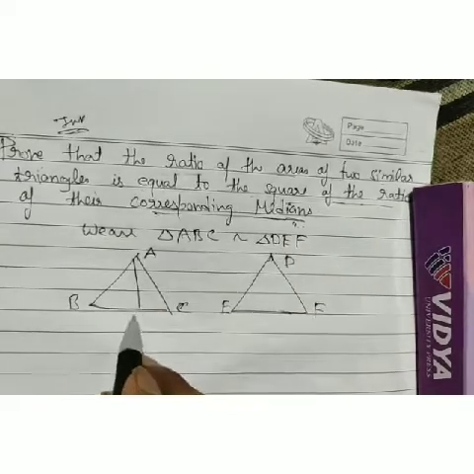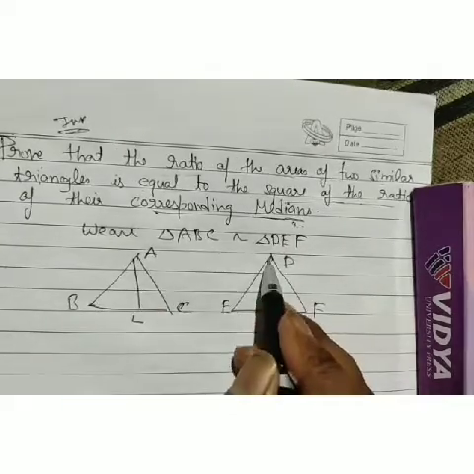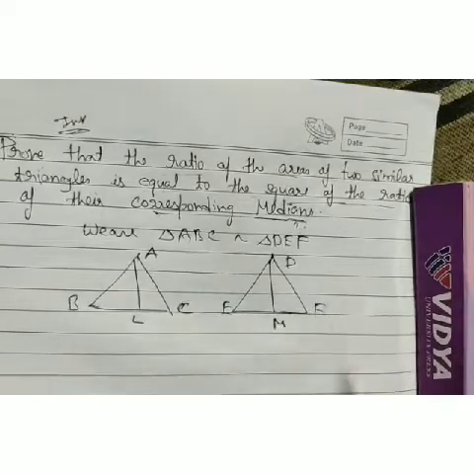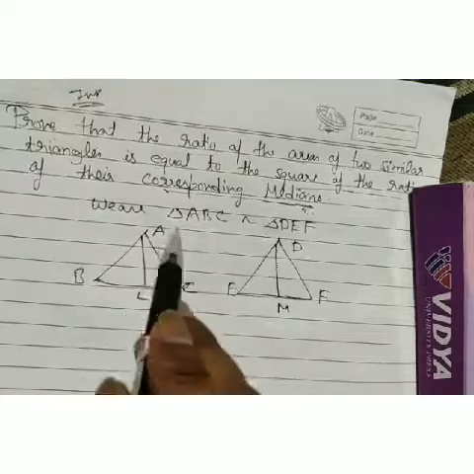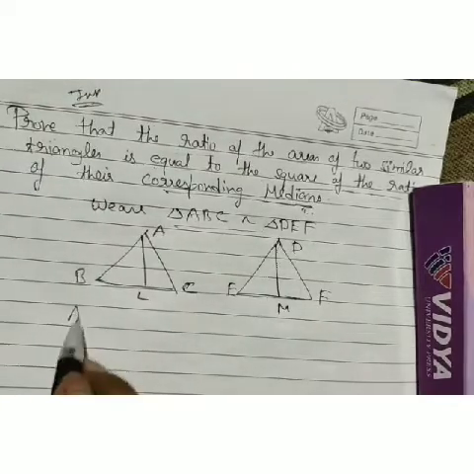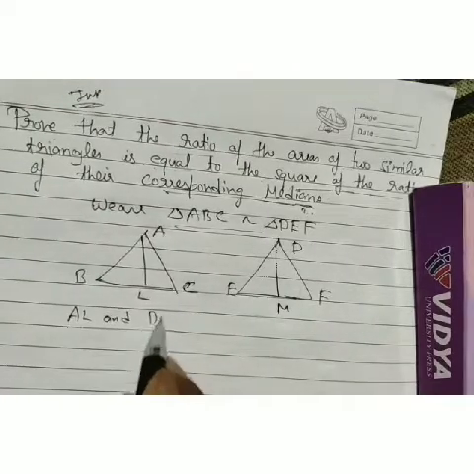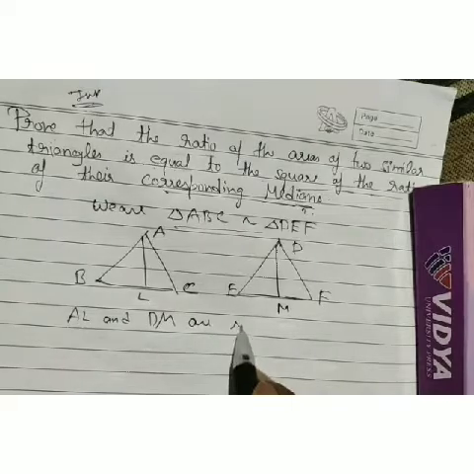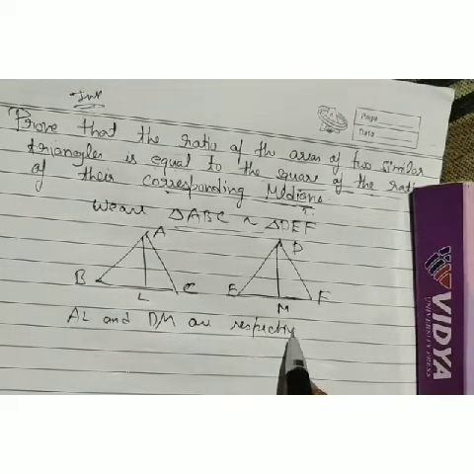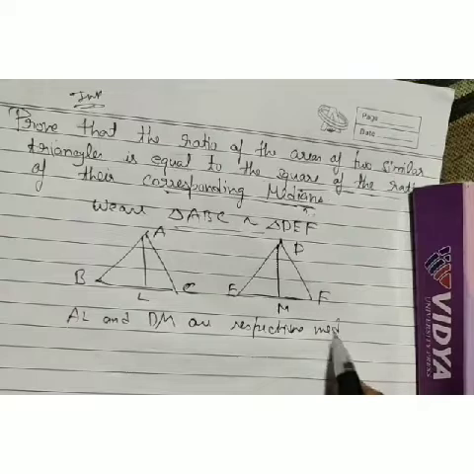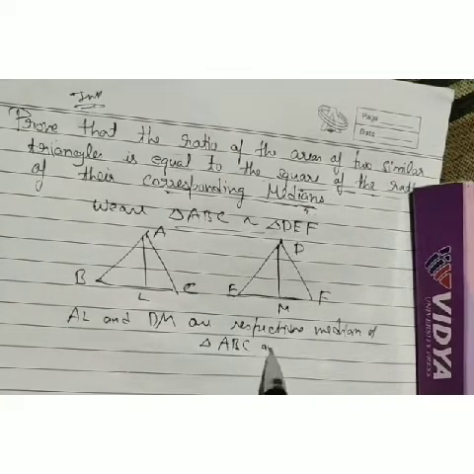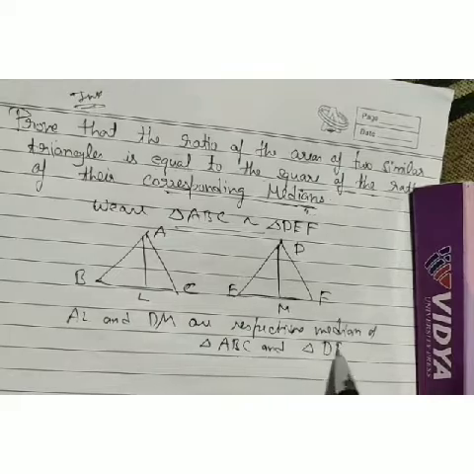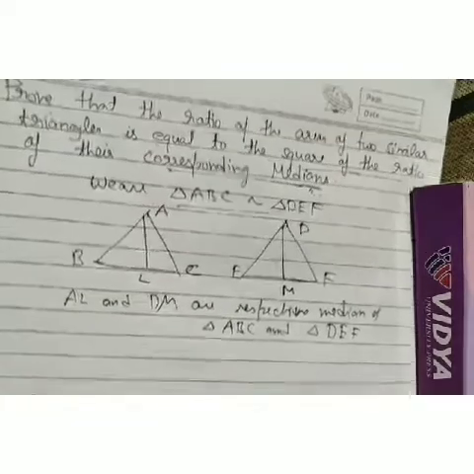Take AL as the median of triangle ABC and DM as the median of triangle DEF. So AL and DM are the respective medians of triangle ABC and triangle DEF.